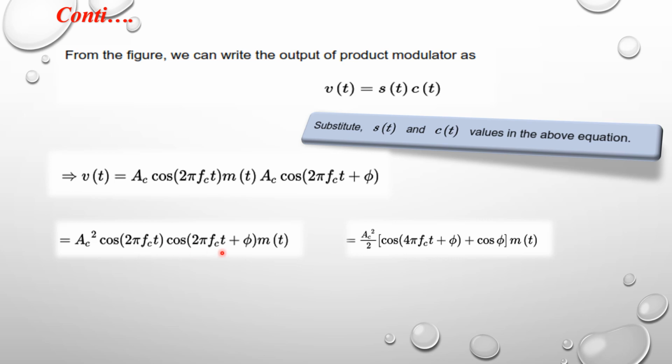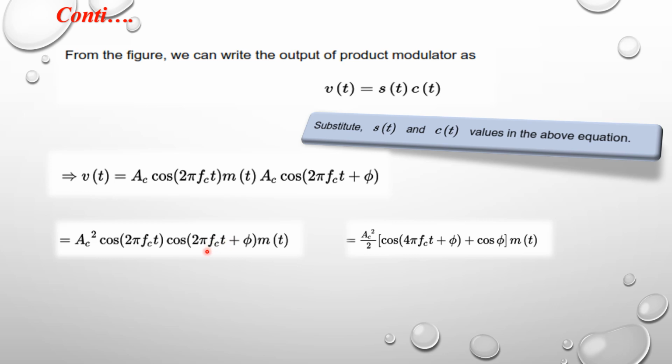So this is 2 pi FCT plus psi plus 2 pi FCT, 2 pi FCT is the B and this is the A. So we get 4 pi FCT plus psi value, plus cos(A minus B), 2 pi FCT plus psi minus 2 pi FCT.